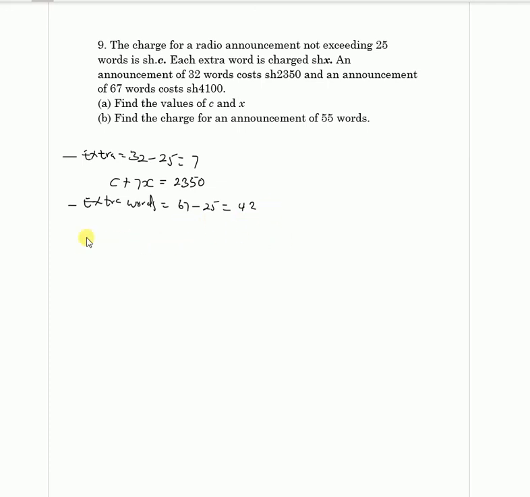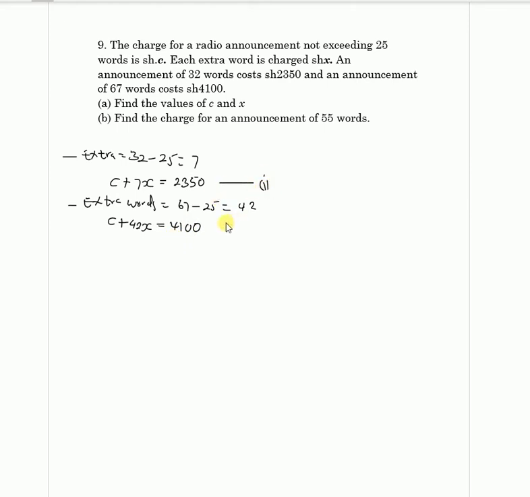So you are going to pay the cost for the 25 words, which is C, plus 42 times the cost of each extra word. And they are saying that this one pays that amount of money.